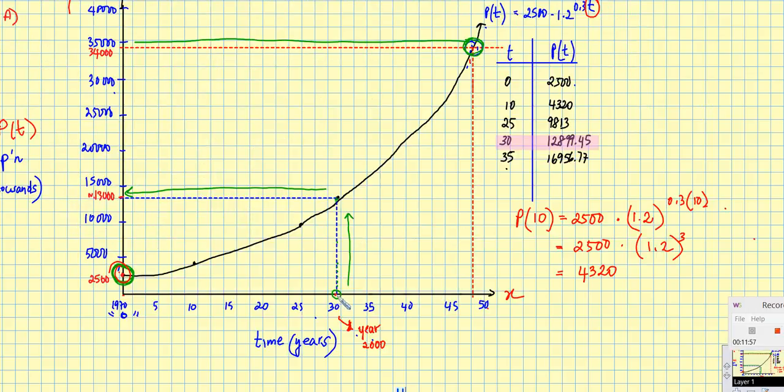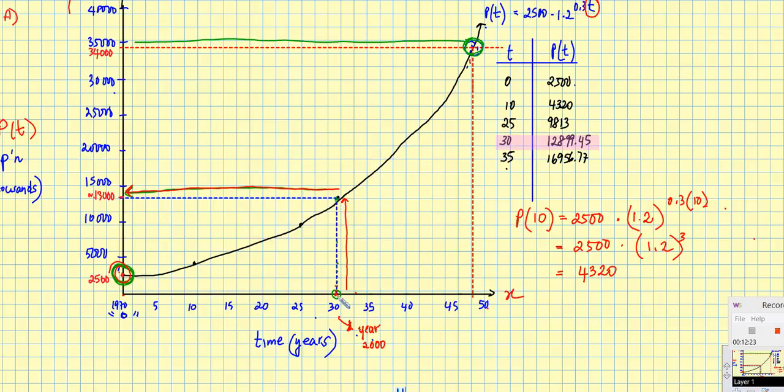And then at 30 years, I would go up the graph, and then go back to my y-axis to find what the corresponding population is going to be at 30 years.